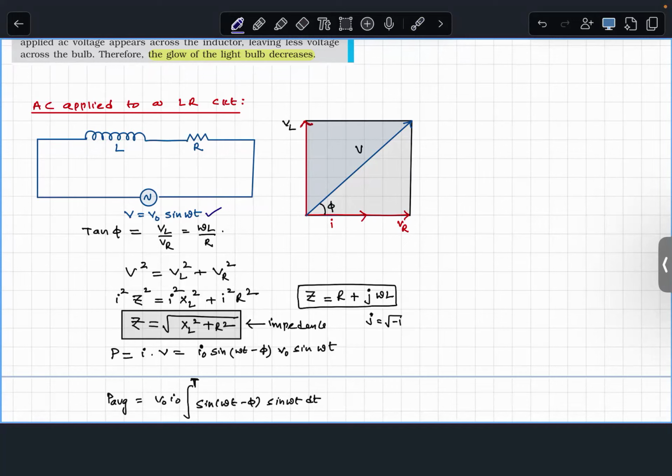Suppose I take VR as the voltage drop across the resistor, and I as the current phasor through the resistor.